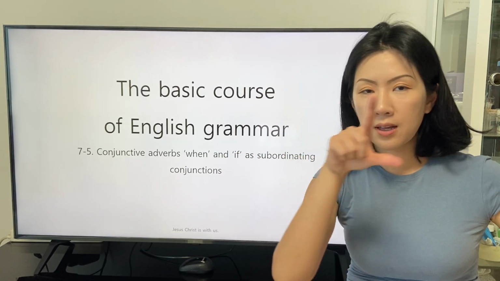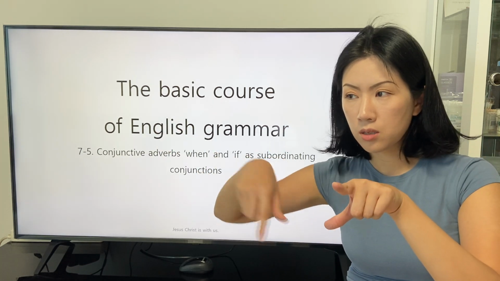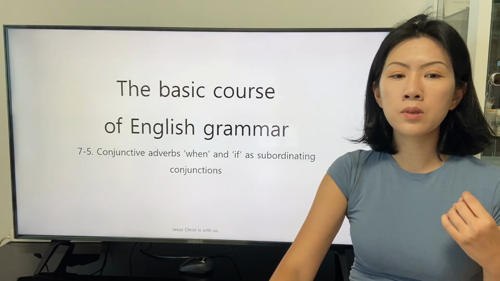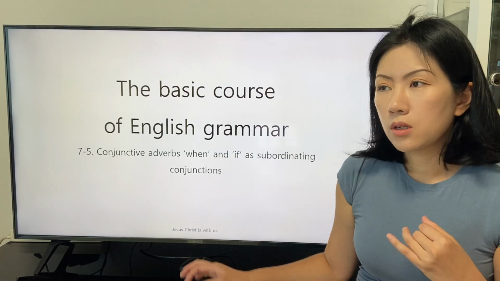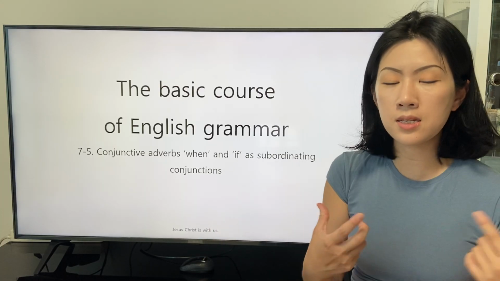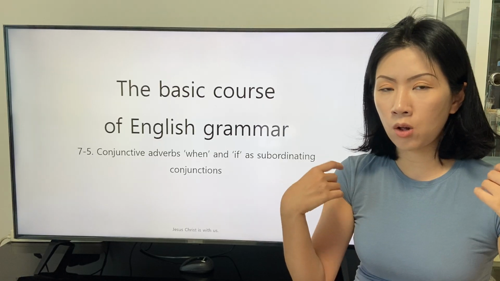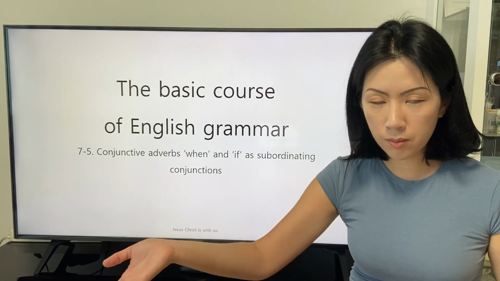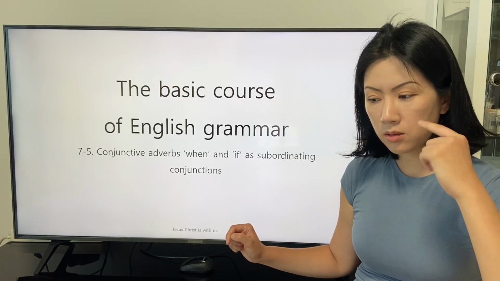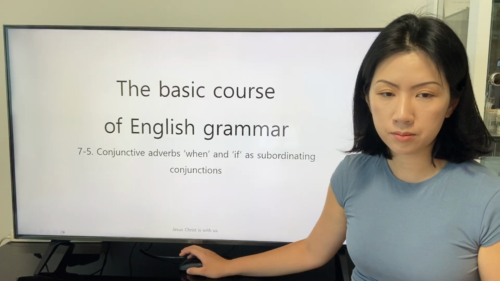So if A, the first clause, is true, the clause B, the main clause, is true. And we can say that this is a conditional sentence, but we can also say this is an assumption for saying something that is not true yet.